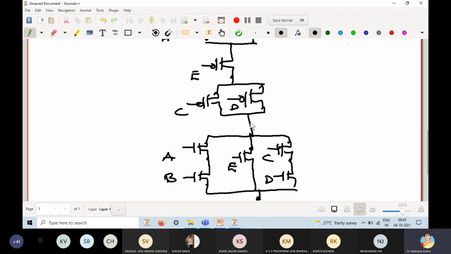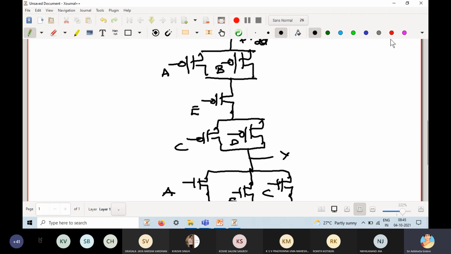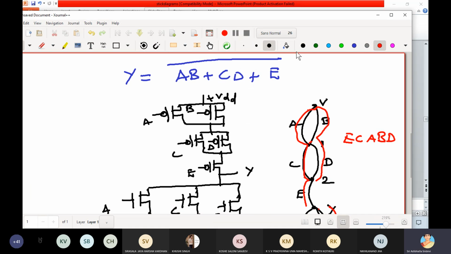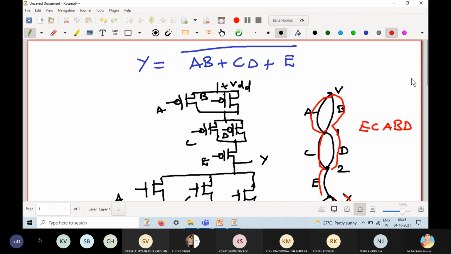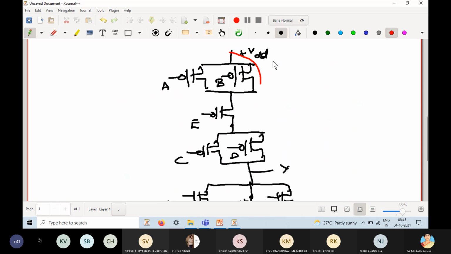Okay. So this is my same circuit. I have redrawn it. Now let us take some path. I'm starting from here. Let us say I draw BAECD.